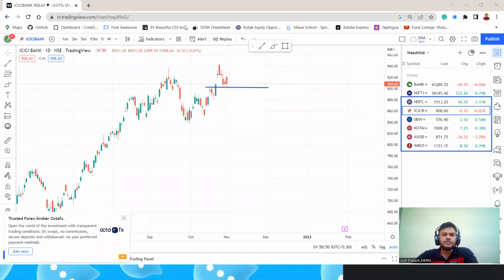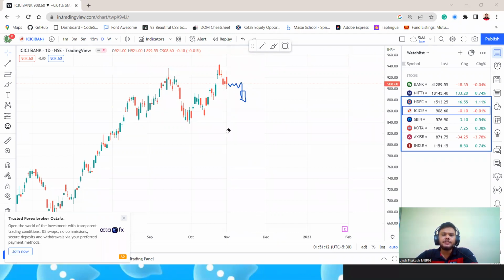But today it went down by 20 points already, so it did not go down further. But it made a scenario: if tomorrow the market opens around 905 or in between 900, and it closes below 900, then you're going to take it for selling, and you can set your first target to 890 and your second target will be 880.